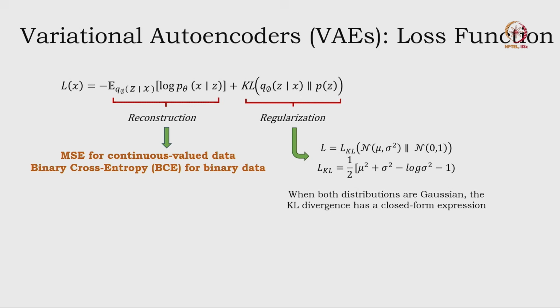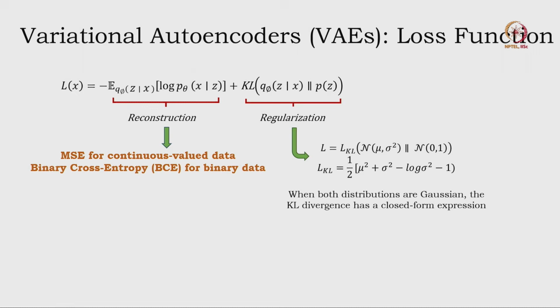If we are taking binary data, then the first term will be a binary cross entropy. Basically, this term will tell us how similar the reconstructed data is to the original input. So, that is the first term.